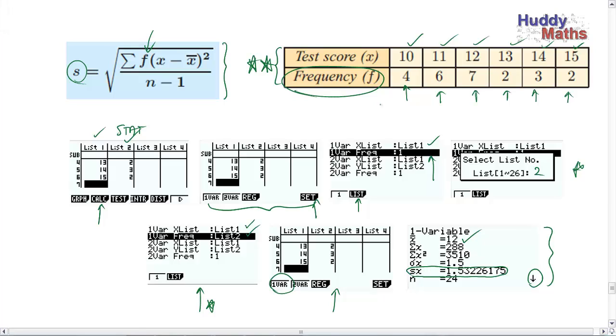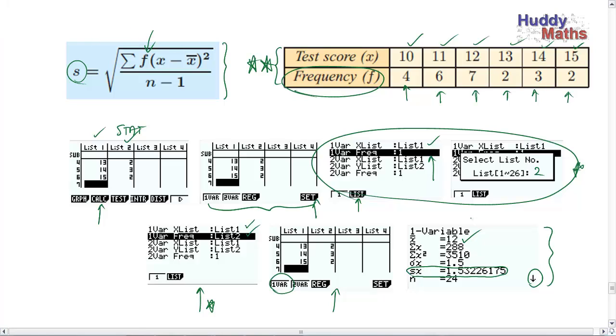So are you ready? Watching for the difference between single points in a data set versus a frequency table. Don't forget to set it up so that list 1 is the data and list 2 is the frequency.